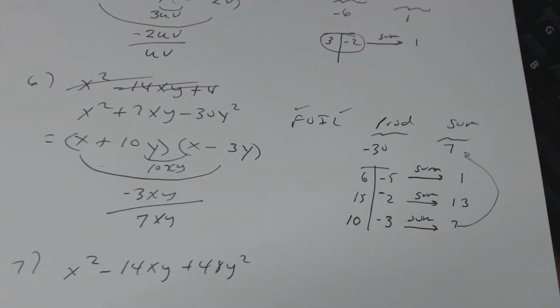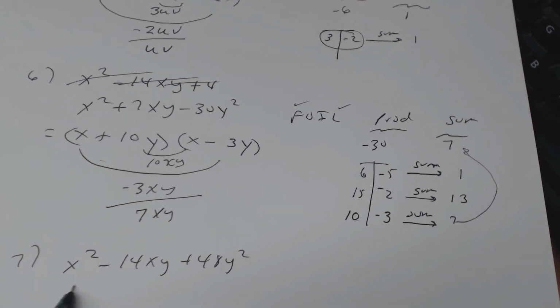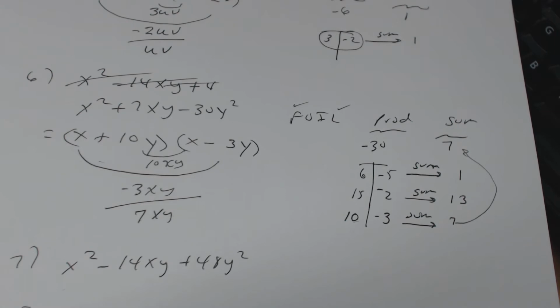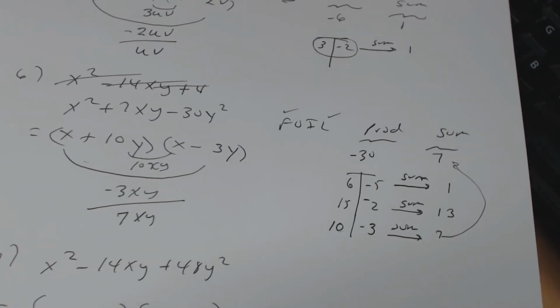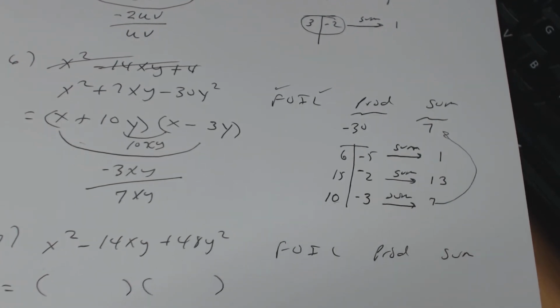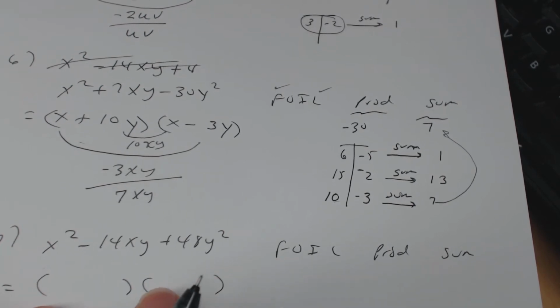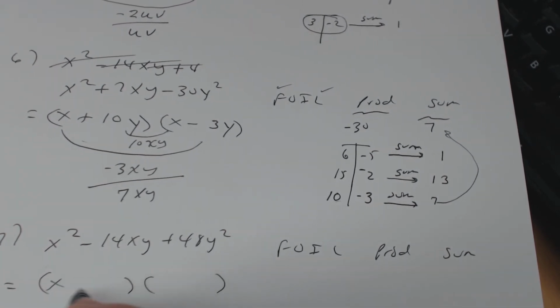Again, the GCF is 1, so I'm going to go directly to two binomials. And I'm going to use the idea of FOIL, product, and sum. The F part of the FOIL is easy because x times x is x squared.